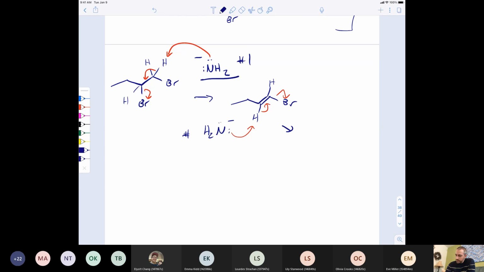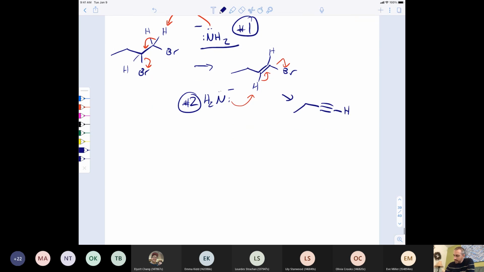This is equivalent number 2. Then equivalent number 3 comes in and deprotonates. That's where the 3 equivalents come in.